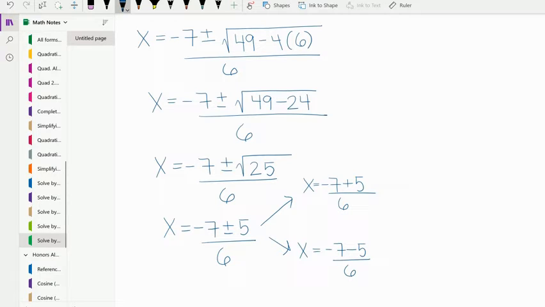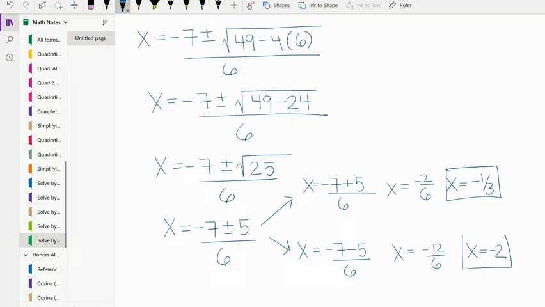Negative 7 plus 5 would be negative 2 over 6, but that simplifies to negative 1 over 3. So that is one of your answers. The other one is going to be negative 12 over 6, which simplifies to negative 2. So those are your two x-intercepts, which means the graph crosses through the x-axis at negative 2 and negative 1/3.